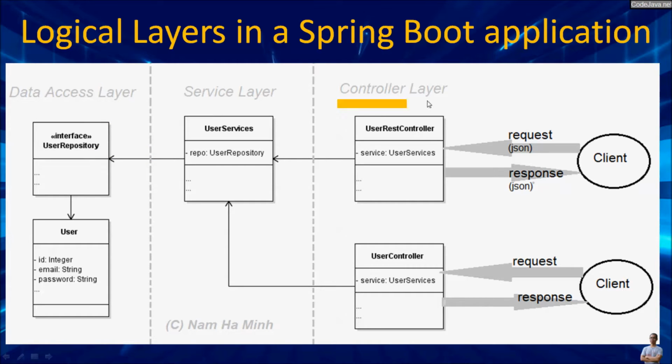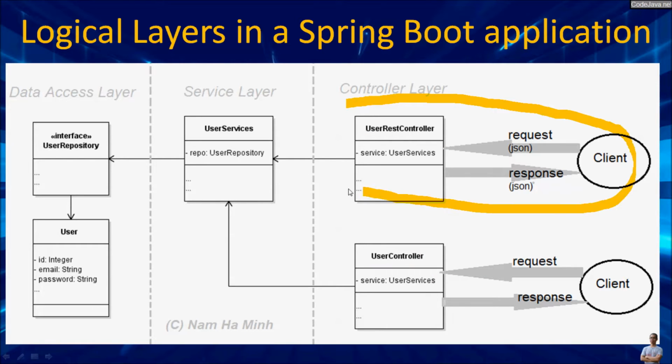And in the controller layer, we handle requests from the clients and send responses to the clients. In a Spring Boot application, we can have two types of controllers: a web controller and a RESTful web service controller. And in this video, we focus on the RESTful web service controller.